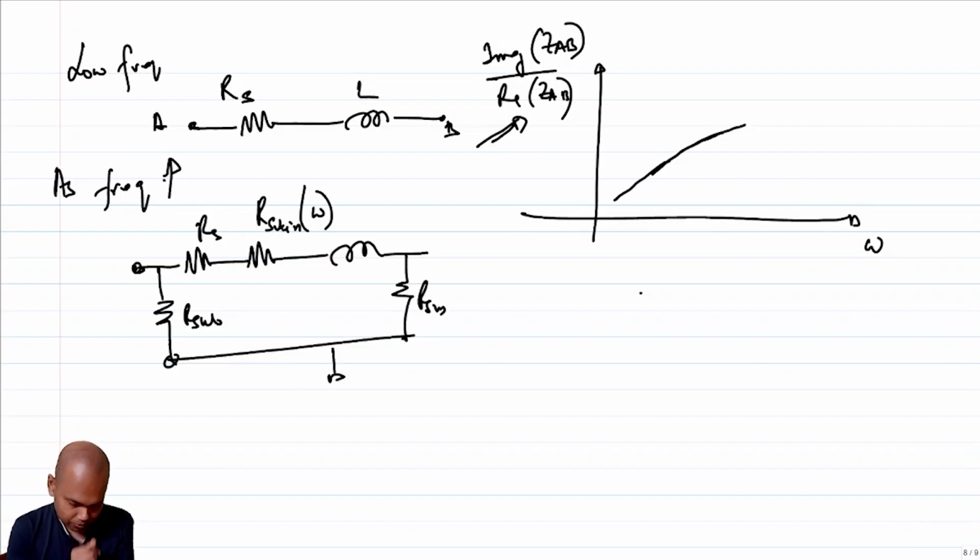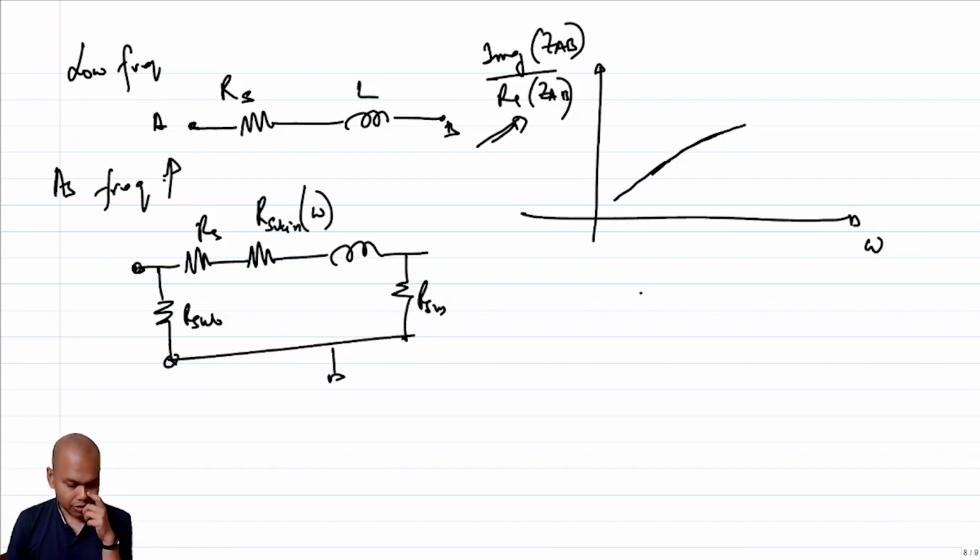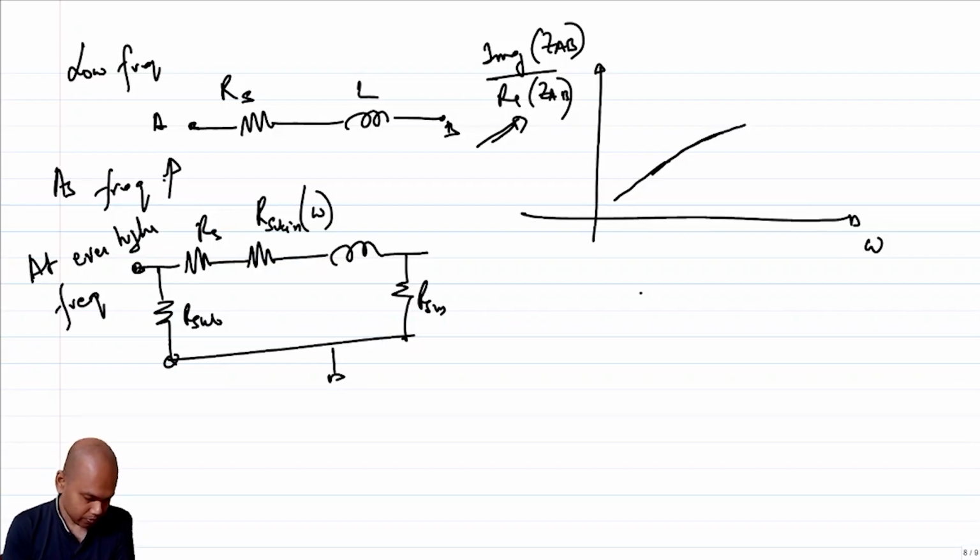to ground, right? So effectively, at very high frequencies, this is at even higher frequencies, you are going to see the current trying to bypass this entire thing and go to the ground via R sub, right?